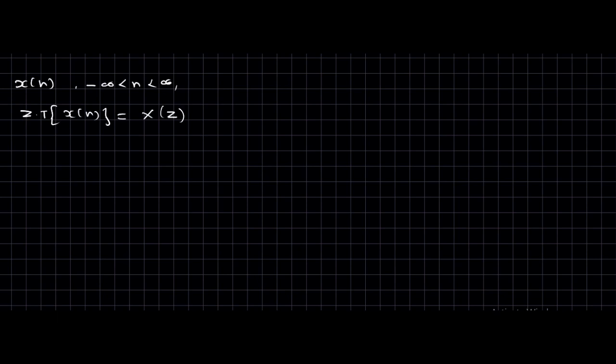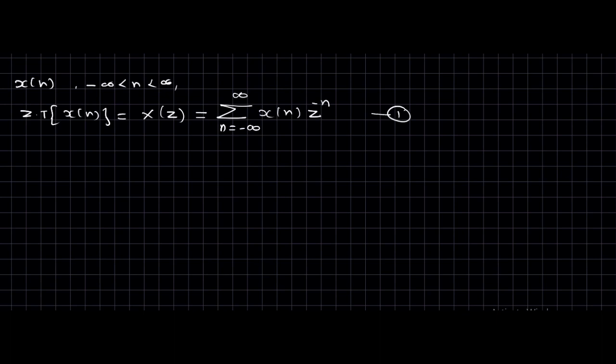It's uppercase X and it's uppercase Z. So X of z is equal to the sum over n, the range of n being minus infinity to plus infinity, of x of n z raised to minus n. So this is the equation of Z transform.